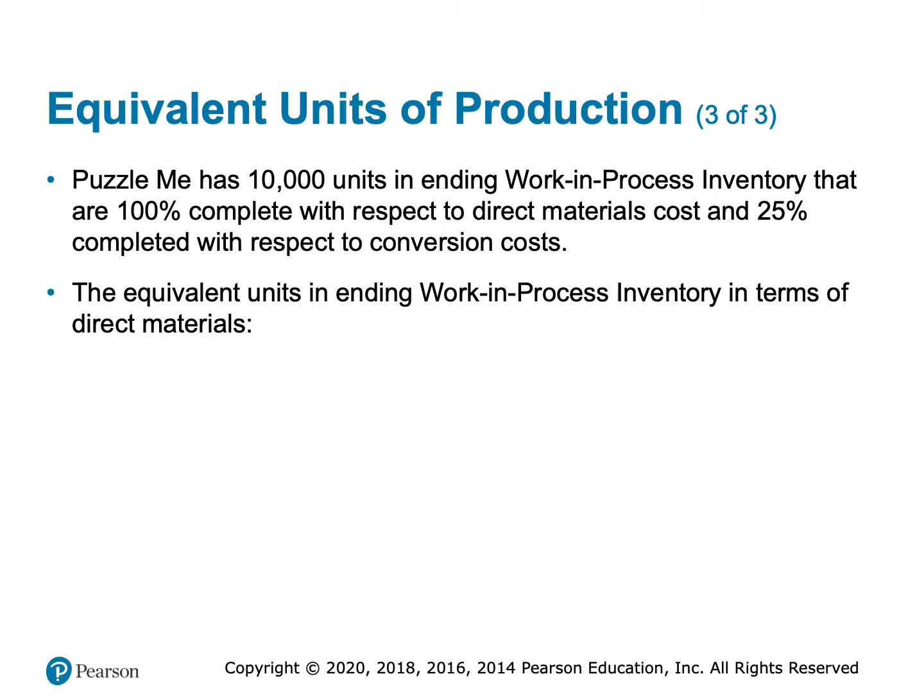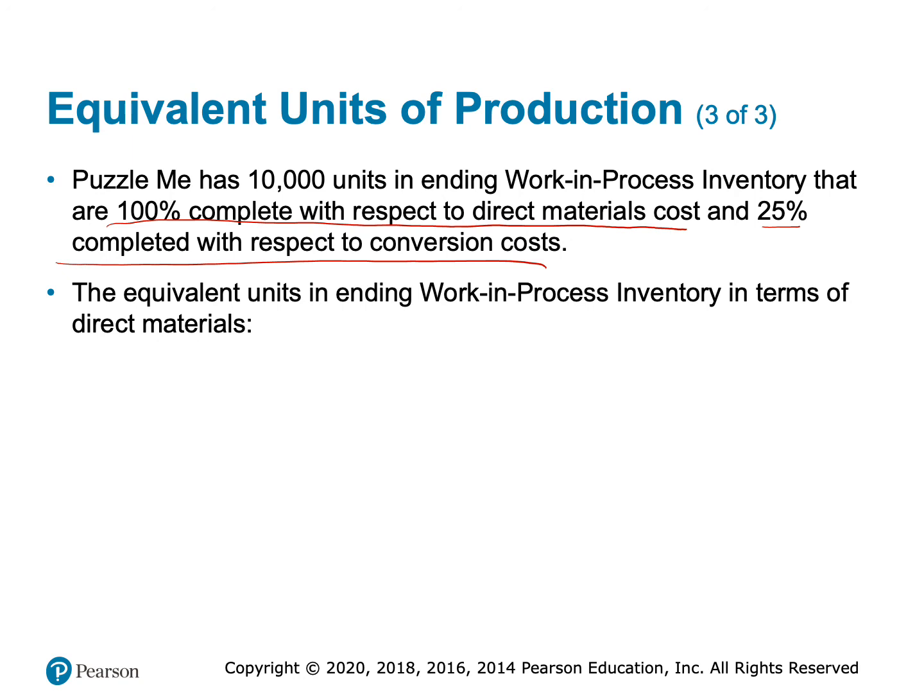But the 10,000 units in ending work in process, here we're told that they are 100% complete with respect to materials. So they have all the materials. They have the picture and the glue and the cardboard, but they're only 25% complete with respect to conversion cost. So now we need to compute the equivalent units of production for, again, both materials and conversion cost.